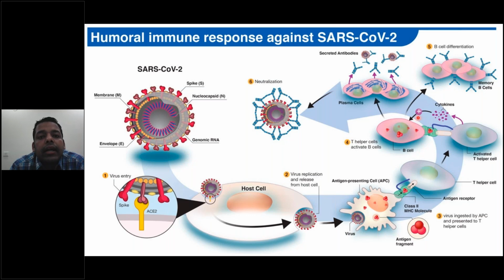The B cells activated in the local lymph nodes then undergo what is called the germinal center reaction. These B cells in the germinal centers lead to the formation of plasma cells, which release antigen specific antibodies, and these activated B cells also differentiate into memory cells.